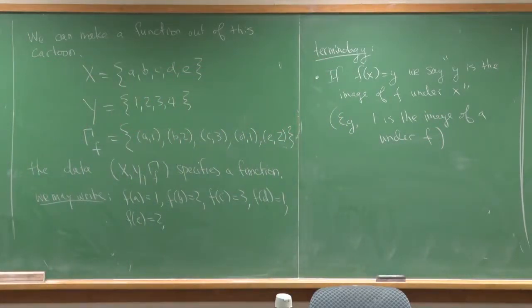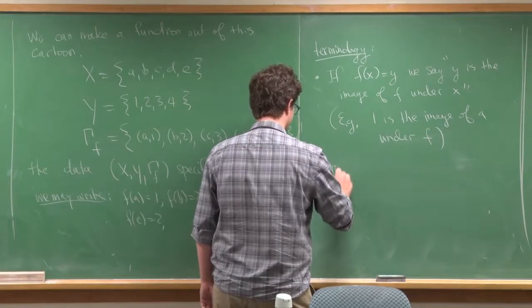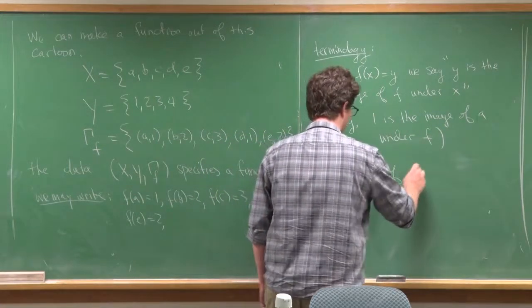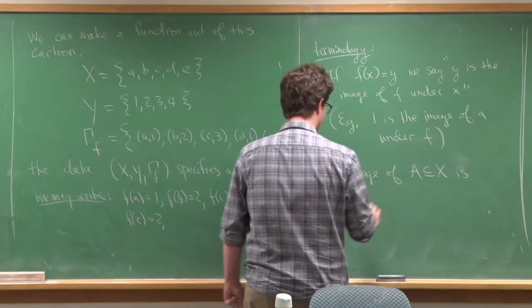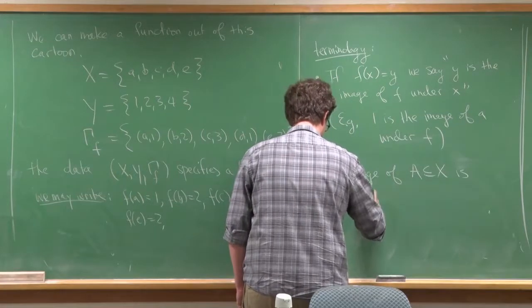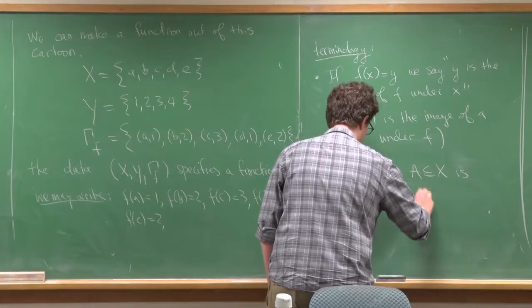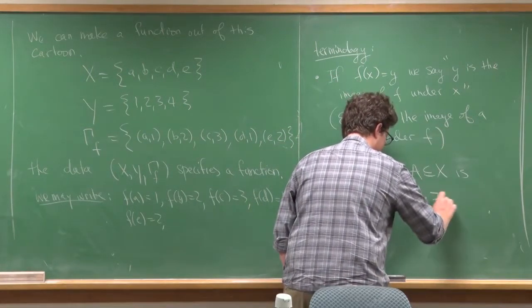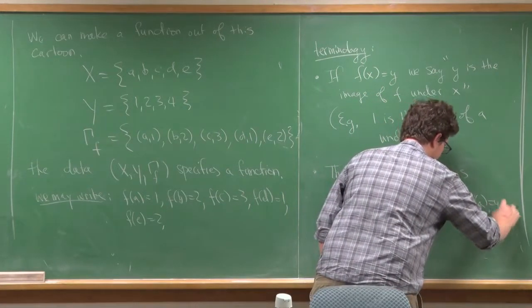But we can also talk about images of sets. The image of a subset A of X is defined to be f of A, and it's the set of y in Y such that there exists an a in A where f of a is equal to y.